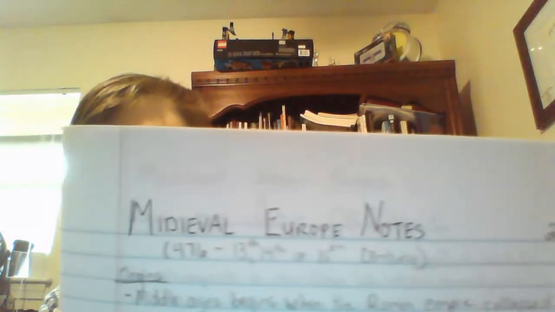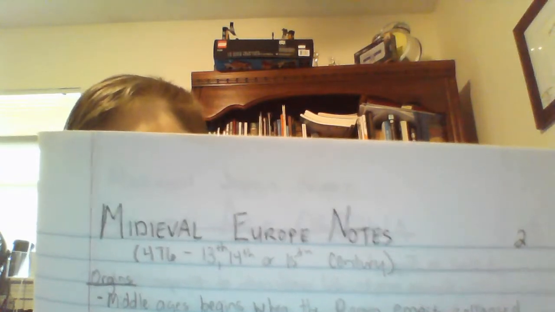I will upload a video on Friday that tells you guys what all of these images are. On page 2, we're going to put Medieval Europe Notes, and we're going to number it page 2. Okay.